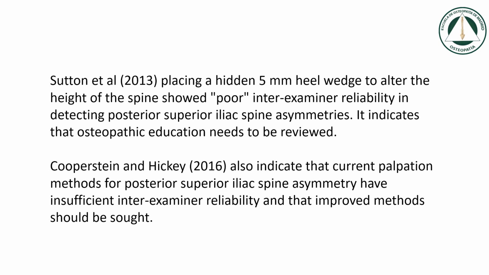Sutton et al. 2013. Placing a hidden 5 mm heel wedge to alter the height of the spine showed poor inter-examiner reliability in detecting posterior superior iliac spine asymmetries. It indicates that osteopathic education needs to be reviewed. Cooperstein and Hickey, 2016, also indicate that current palpation methods for posterior superior iliac spine asymmetry have insufficient inter-examiner reliability, and that improved methods should be sought.